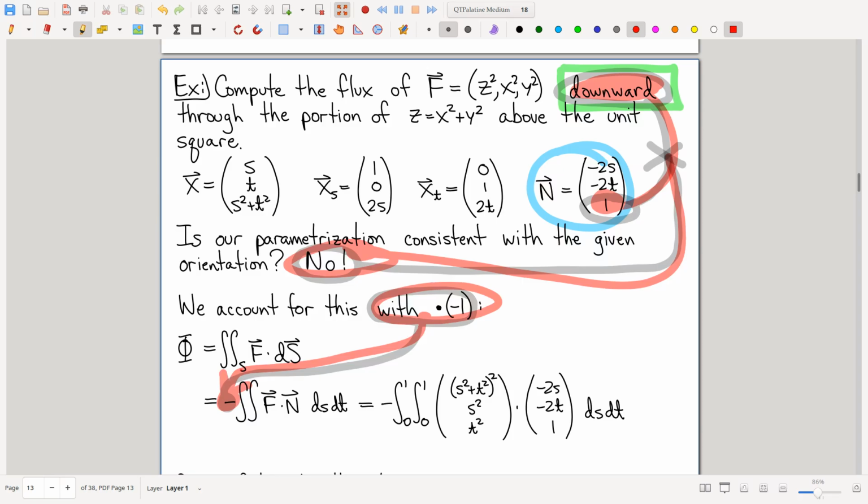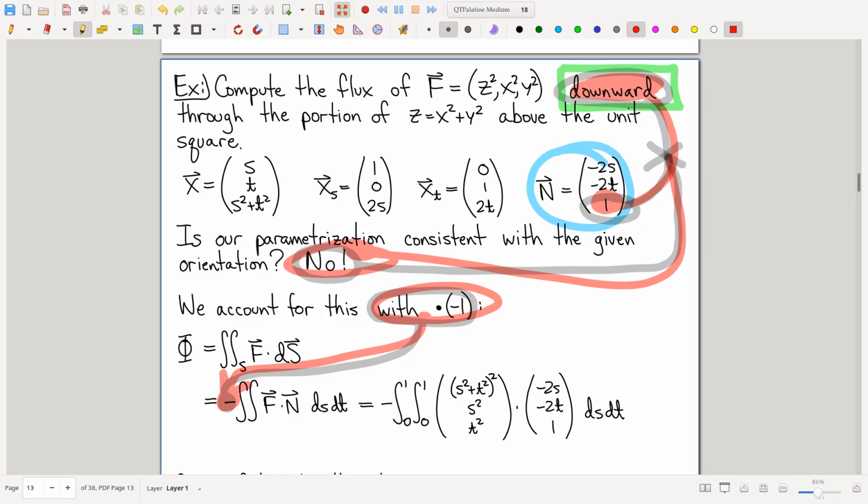Just admit that you did it the wrong way. Whoopsie doodle, I parameterized upside down. Stick in your minus sign and keep on going. It's very convenient, actually. It's not that big a deal if you understand the geometry, the ideas of what's an orientation, what does it mean, and how does it relate. It's very easy to actually deal with.